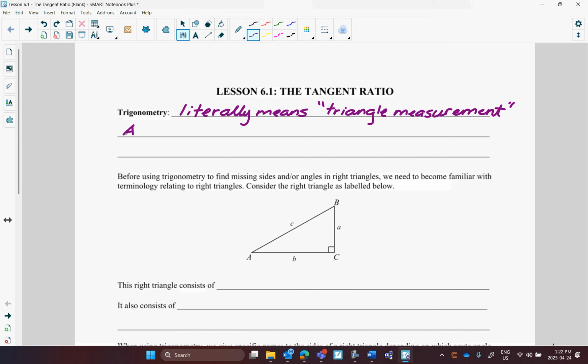And it allows us to find missing sides or angles in triangles. We're going to start with right triangles, but you can actually use trigonometry, or just plain old trig, for any triangle.